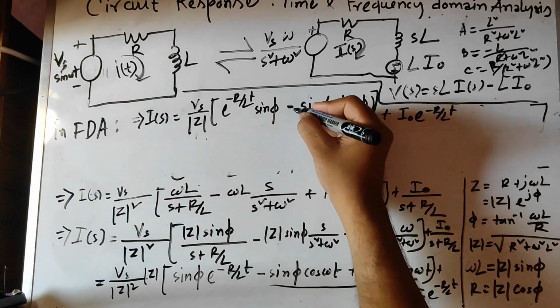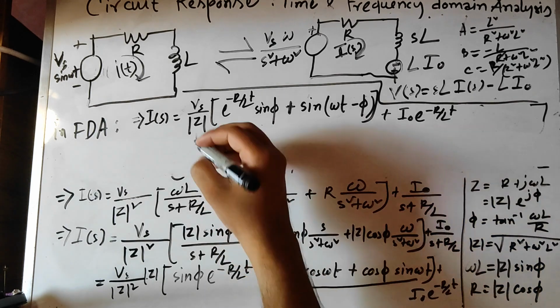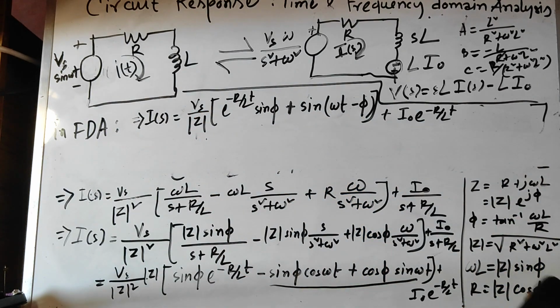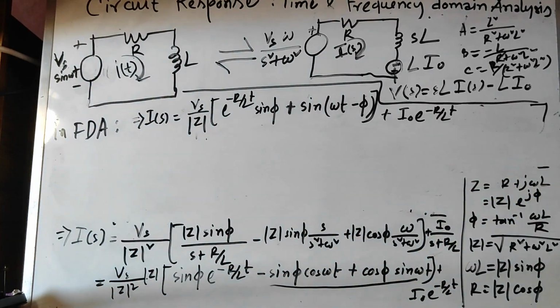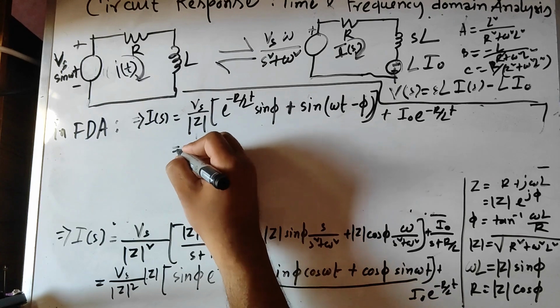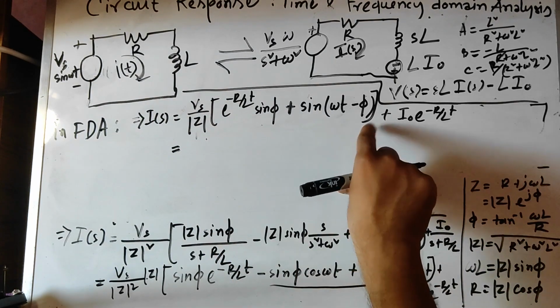Okay, here it will be plus. So if you analyze this, it will be plus sine omega t minus phi.